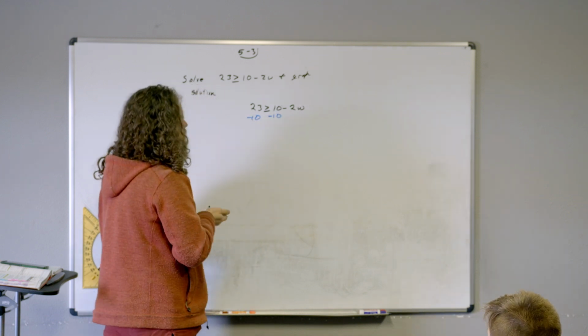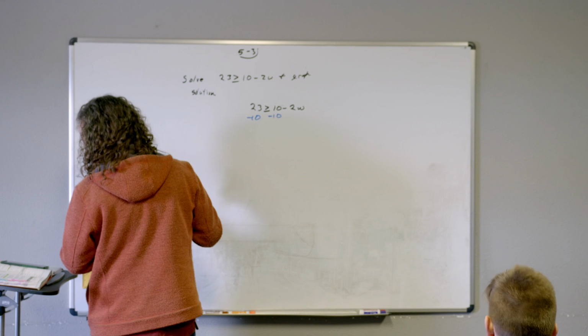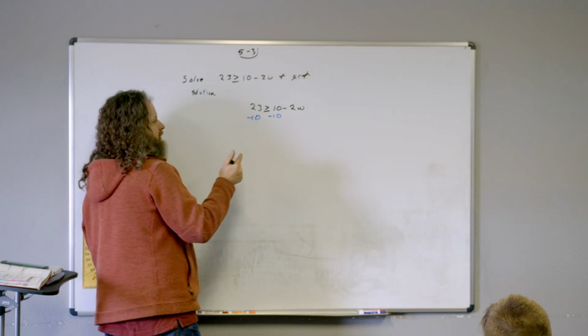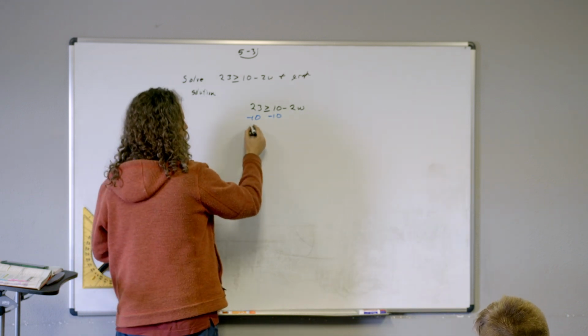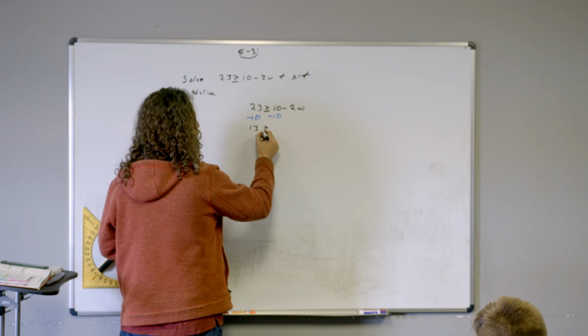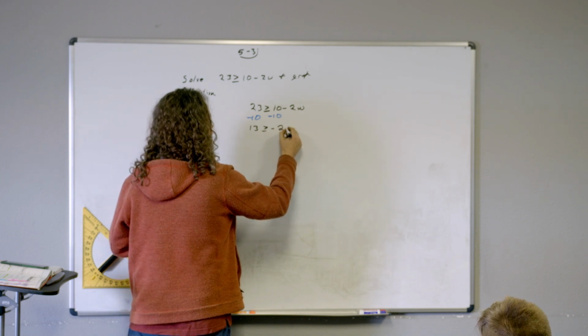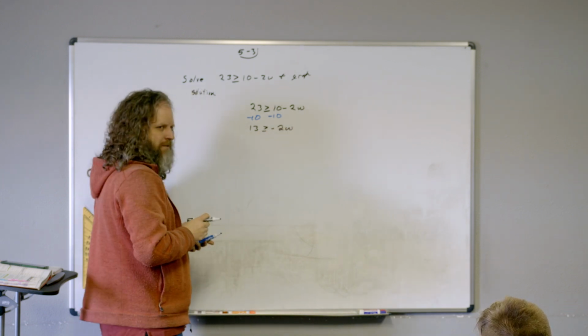Okay. So 23 minus 10 is what? 13. Now what?